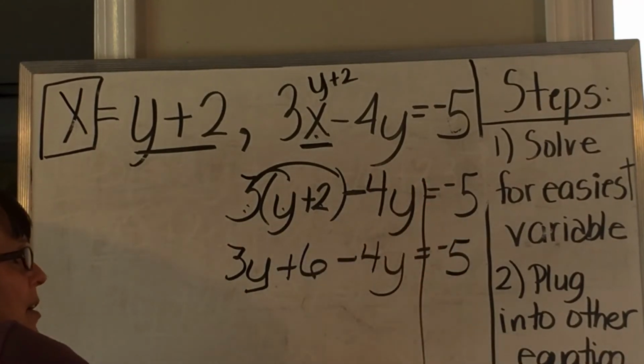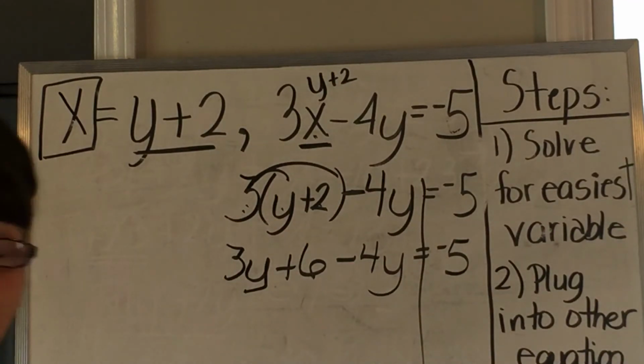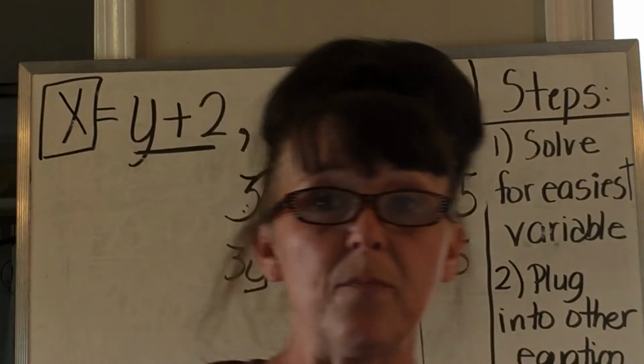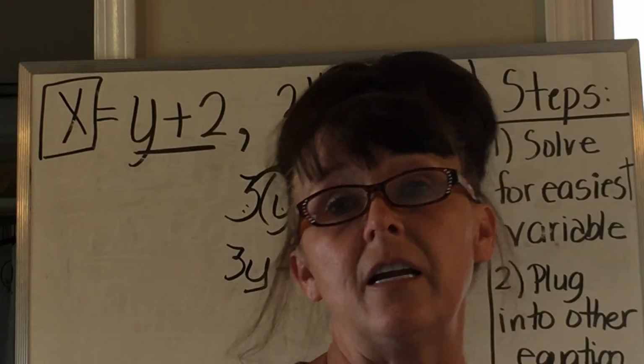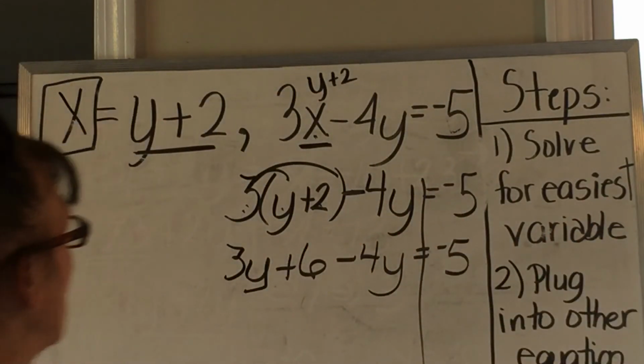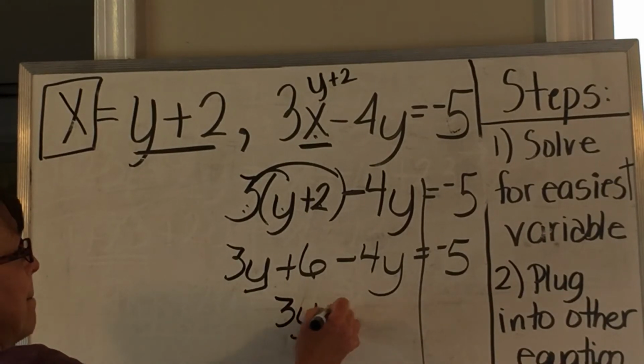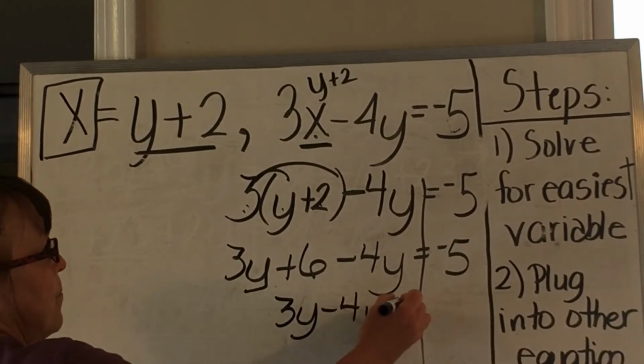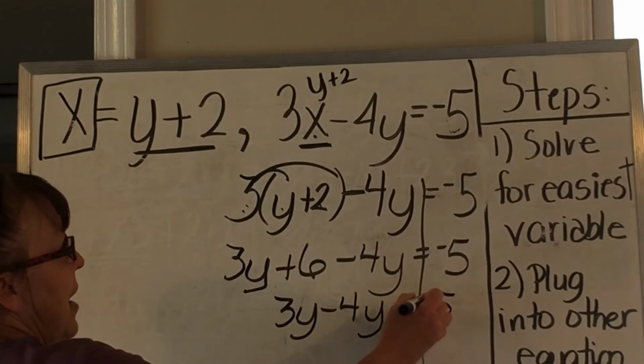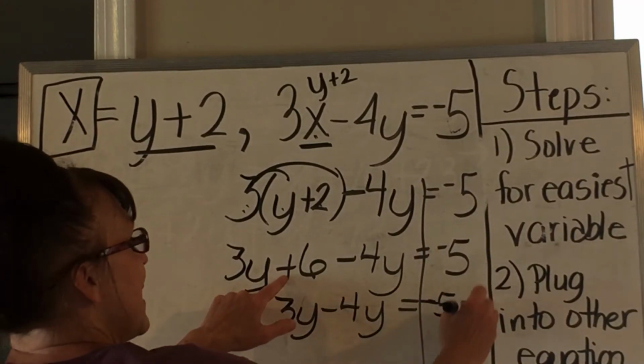Same old. You're solving, so variables stay on the left and numbers go to the right. That's what we normally do. 3y minus 4y equals negative 5 minus 6.